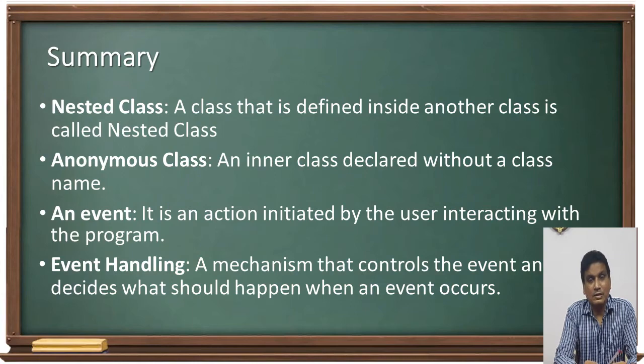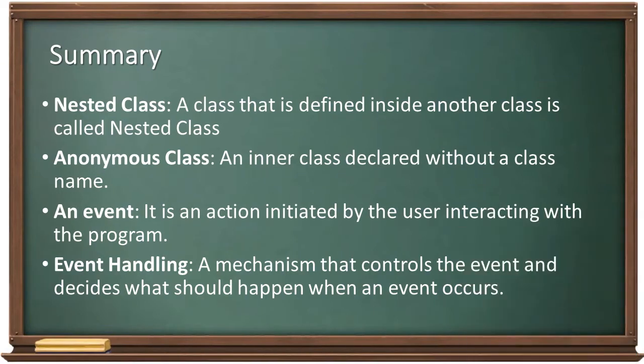We have also learned about an event. Event is nothing but an action a user performs on a GUI component. We have also come to know the mechanism that is used to handle an event. So, in our future classes, let us try to program event handling in Java using inner classes.